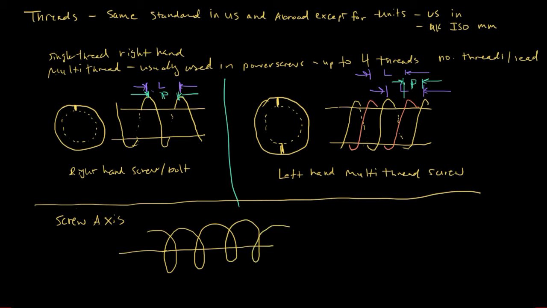So as you go around the helical path, you get rotation plus linear motion about the screw axis.